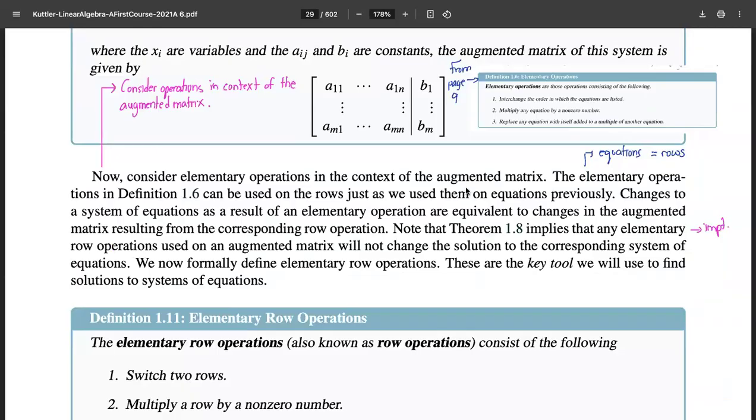And the key idea comes from the fact that the rows of the augmented matrix correspond to equations.